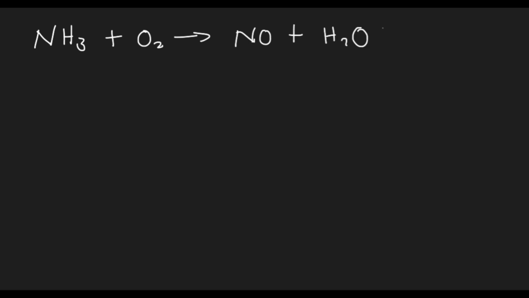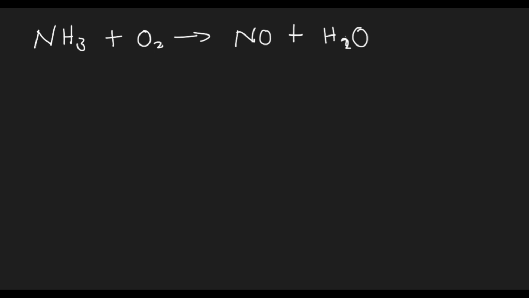So the last example is we have ammonia reacting with oxygen, giving us nitrogen monoxide plus H2O. So we'll begin by first balancing. Nitrogen is balanced, then hydrogen is not balanced. So how can we balance these atoms of hydrogen?